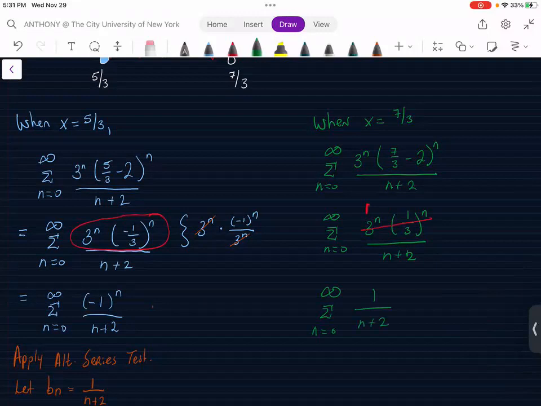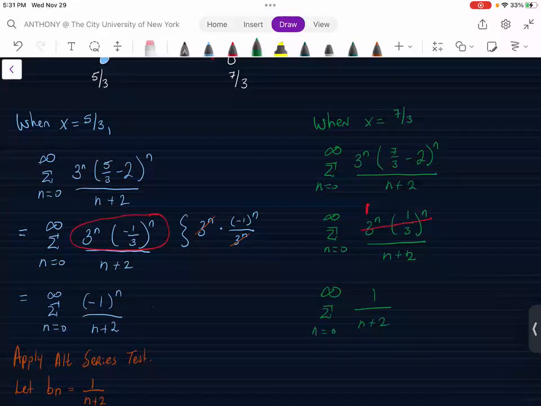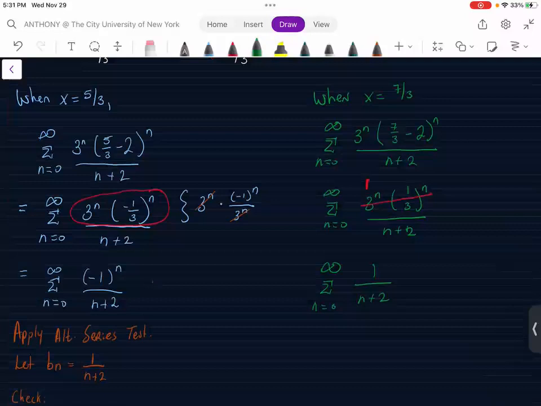Now, is this series going to converge or diverge? It is going to diverge, but what can we do, like a comparison? Can we compare it to something? Yes, we could compare it to 1 over n. So we're going to compare it to the sum from n equals 0 of 1 over n.